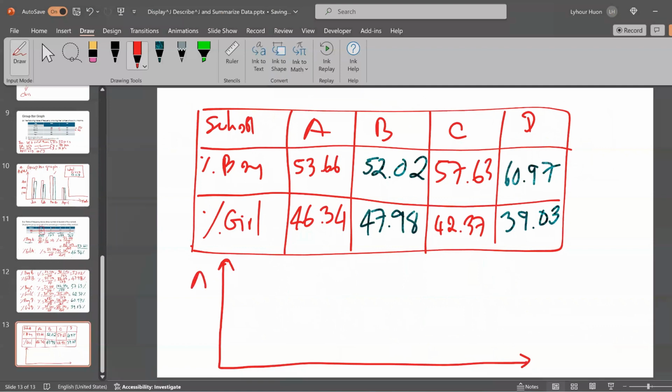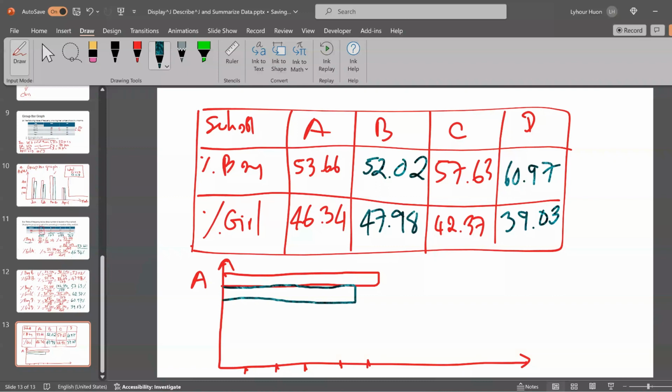For example, for school A, the boys are 53. If we grade it by 10, so 10, 20, 30, 40, 50, then 53.66 should be here, while the girls are 46.34 here.